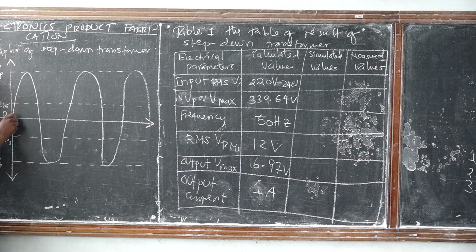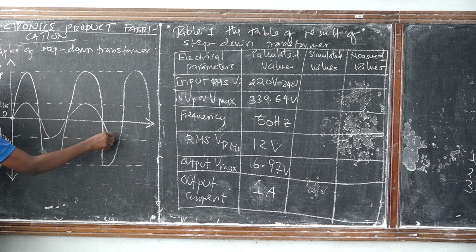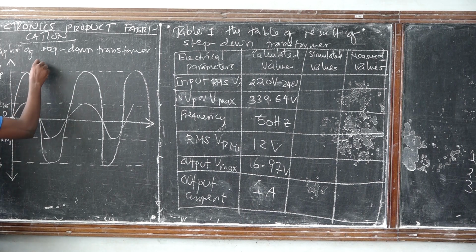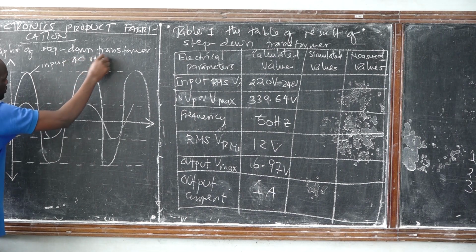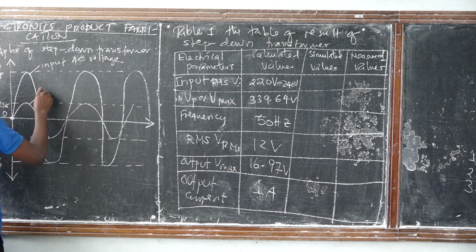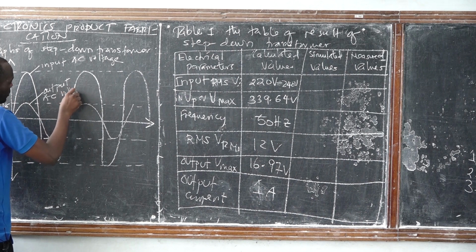Then here is the output, positive and negative root mean square voltage. So this is the input AC voltage, and this is the output AC voltage.